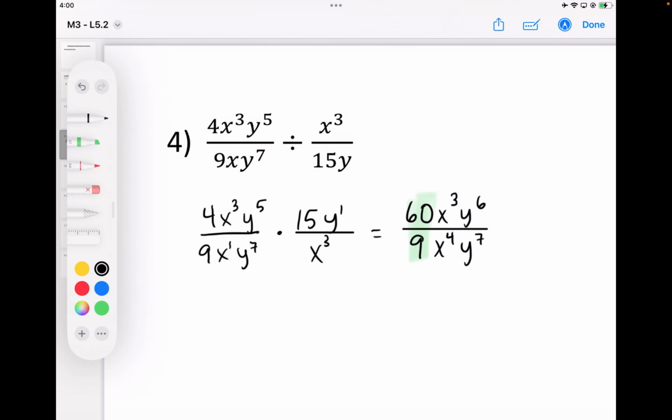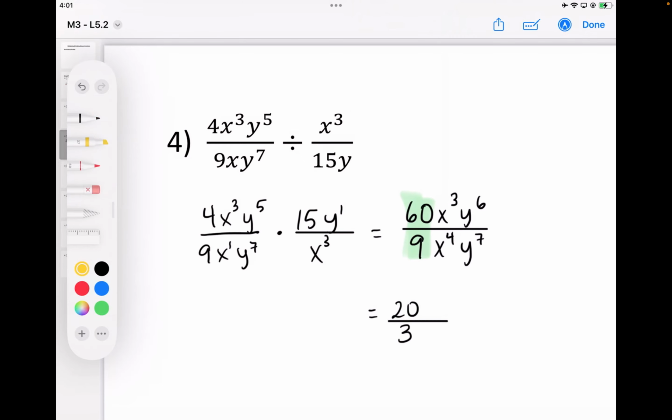So 60 over 9, both of these are divisible by 3. So rather than writing it down, I am just going to divide them. 60 divided by 3 is 20. And 9 divided by 3 is 3.